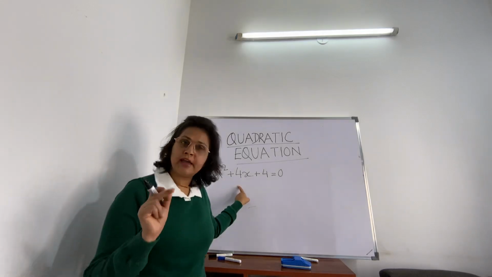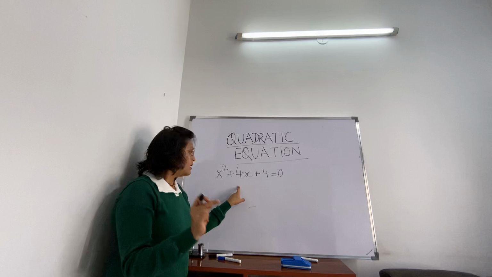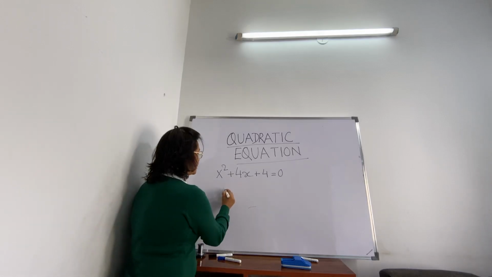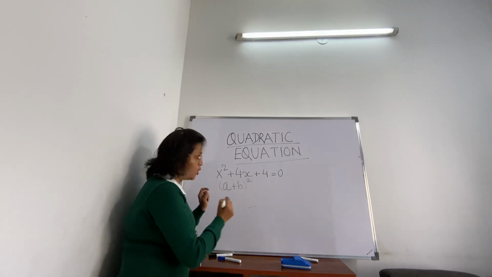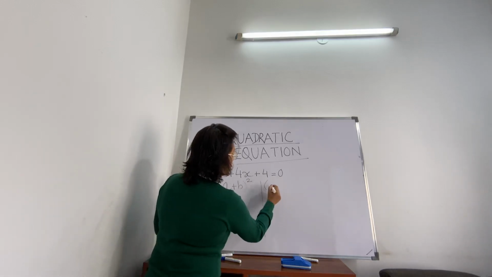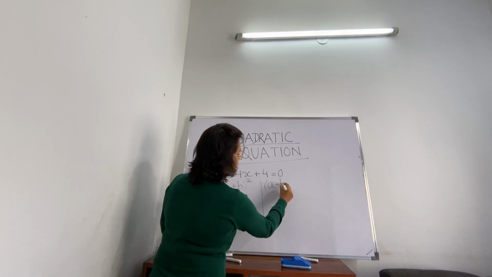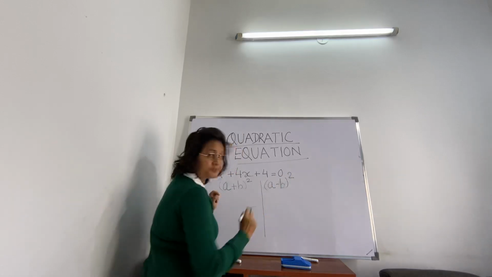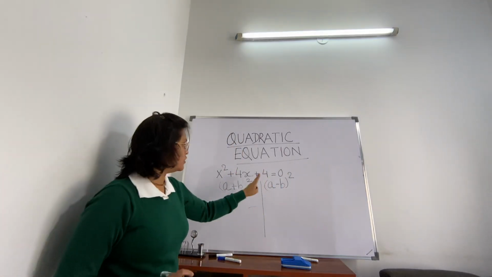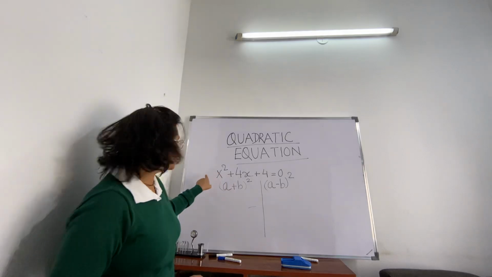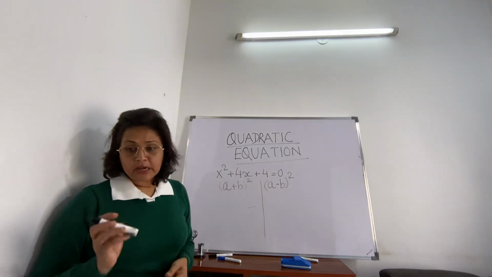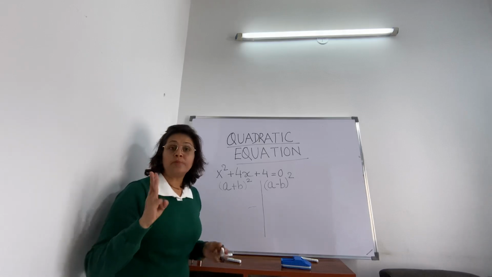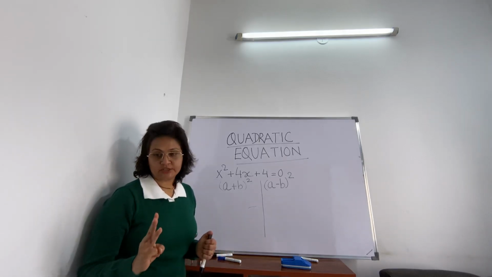Because any kind of quadratic equation will be in the form of (a plus b) whole square or (a minus b) whole square. The equation which I have written corresponds to (a plus b) whole square. Now there come 3 thumb rules of a quadratic equation.